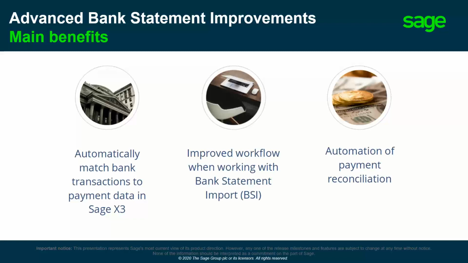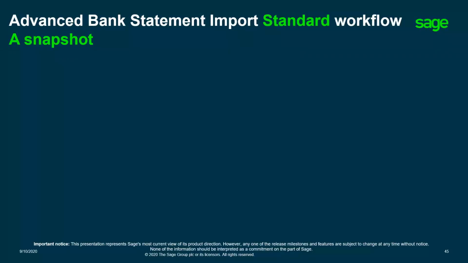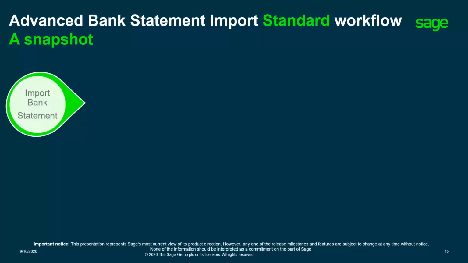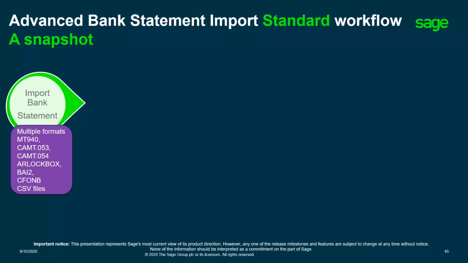Okay, so again, I have prepared a snapshot of this workflow because I know that it's not easy for you to follow me. So, as I said, you download the bank statement from your bank website, and you import the bank statement in X3.